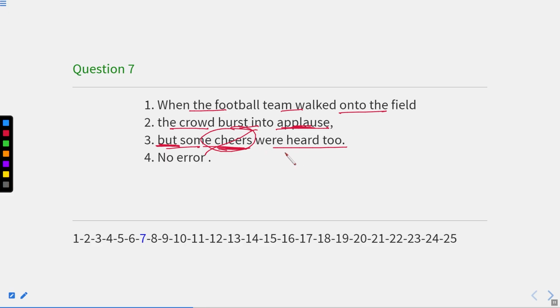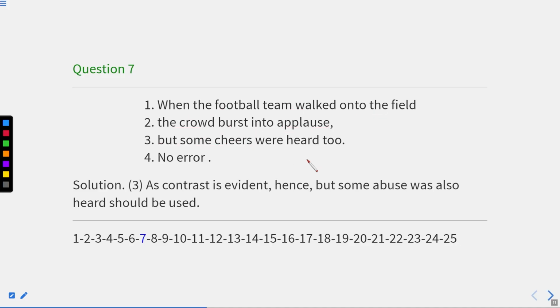Another word that can occur should be abuse, or it can be some negative word as well. But some abuse was heard too, or abuses were heard. Not abuse, actually pieces of abuse or words of abuse. We can use that. So as the contrast is evident, but some abuse was also heard should be used.